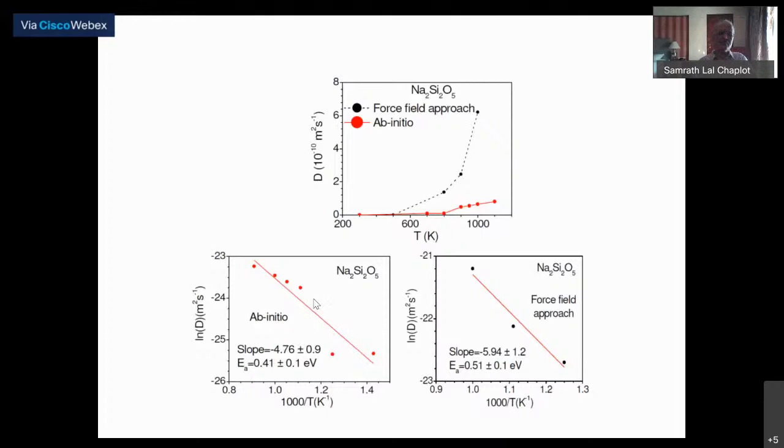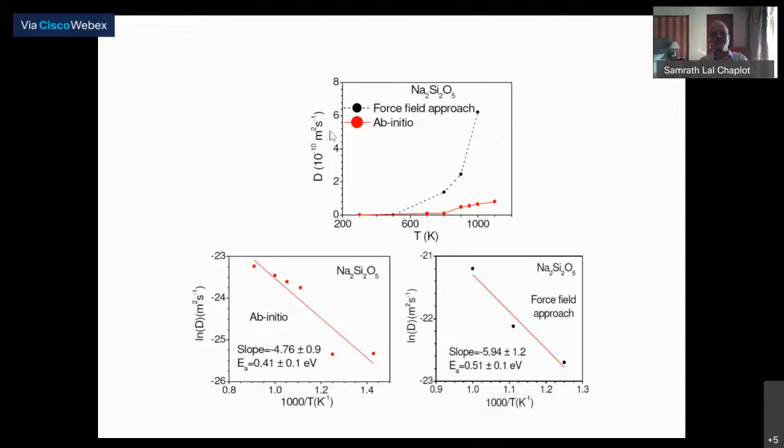And also, this simulation can be done with only a few tens or maybe 100 atoms, whereas this simulation is done with a much larger number of atoms possible. So you have got quite a linear term here. But all the same, these two methods give consistent activation energies of about half an electron volt, which is quite reasonable.